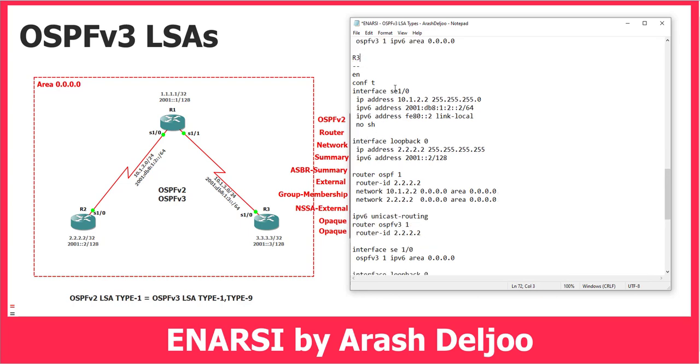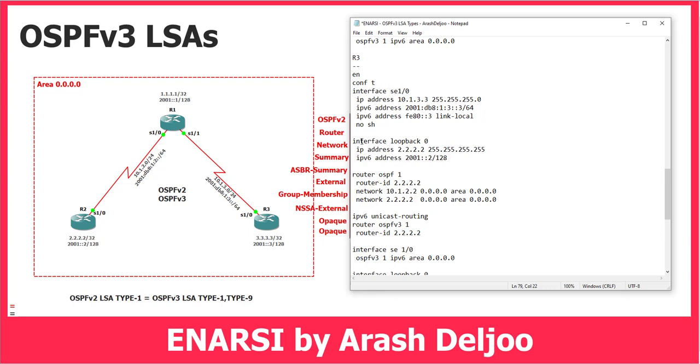Here, router 3, interface serial 10, the IP address is 10.233, okay, 10.233, and then 10.133, okay. After that, 255.255.255.0, IPv6 address 2001:db8:13::3, and then IPv6 address FE80::3 link local.